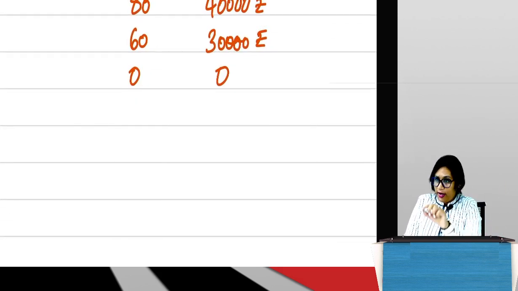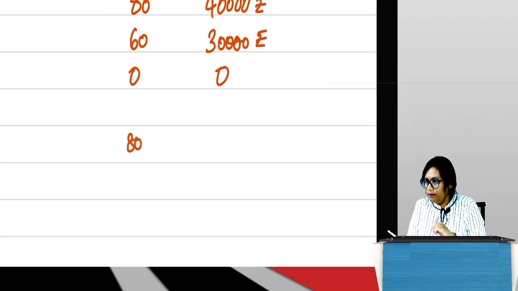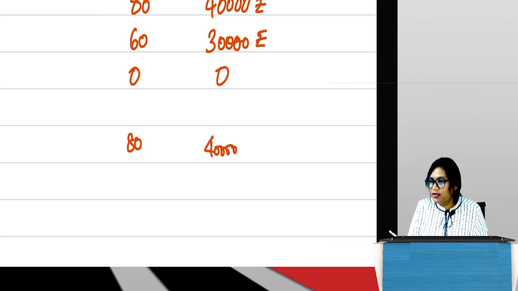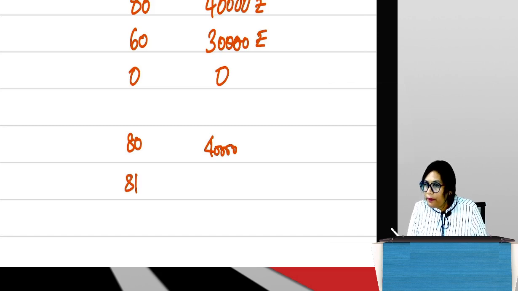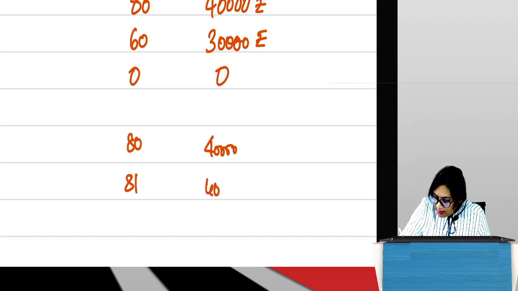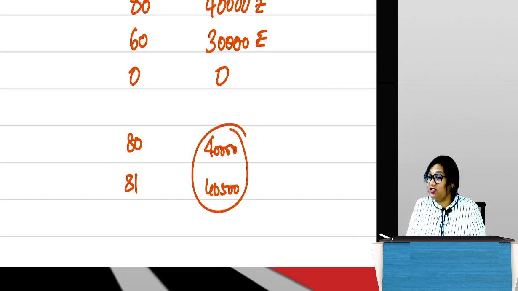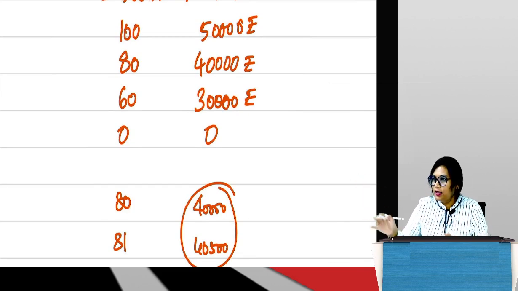Let's take one more example. Let's say 80 people were to come, correct? I have paid 40,000 for the materials. Guys, if 81 come, how much will I pay? Guys, even for 1 unit change, this is changing. Here we had significant number of units, 100, 80, 60, correct?